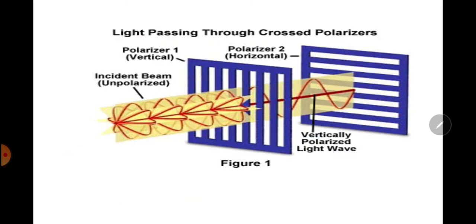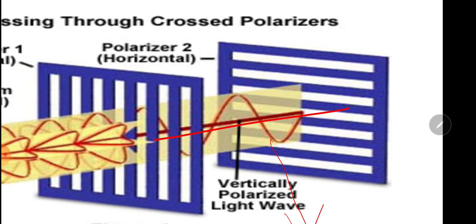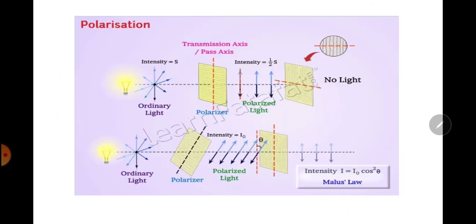This is unpolarized light. This is polarized light. Here ordinary light, polarized, and it is blocked, so no light. It is optically rotated.